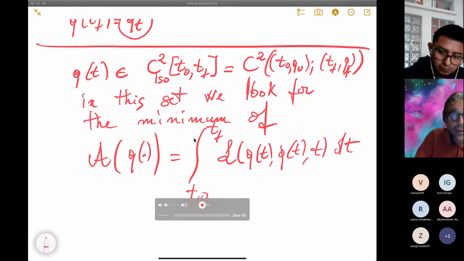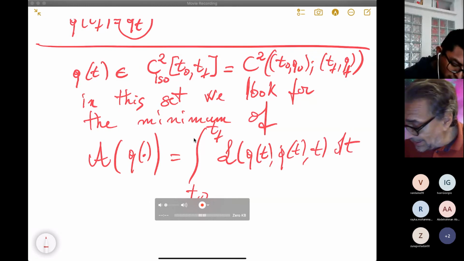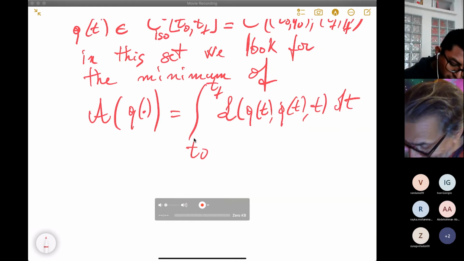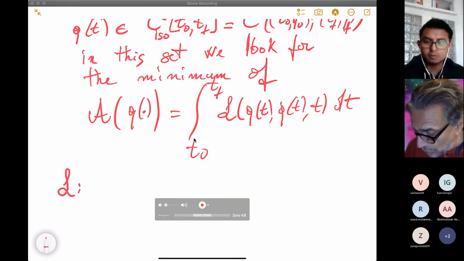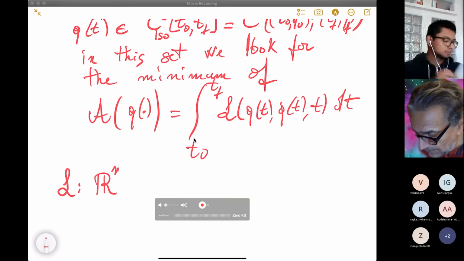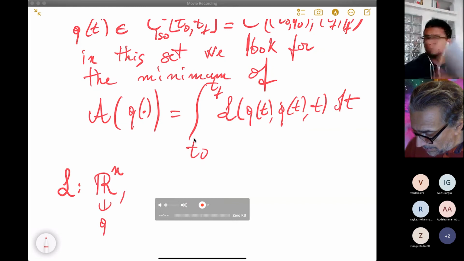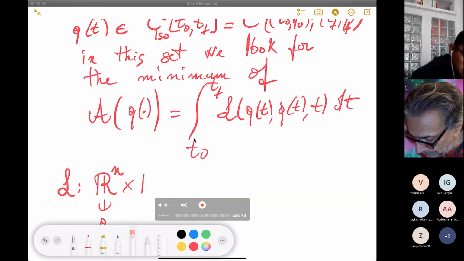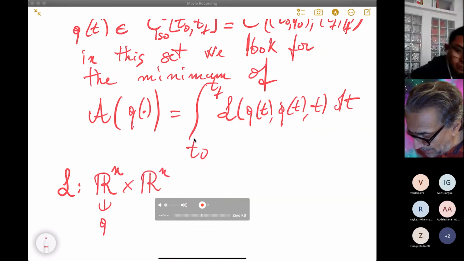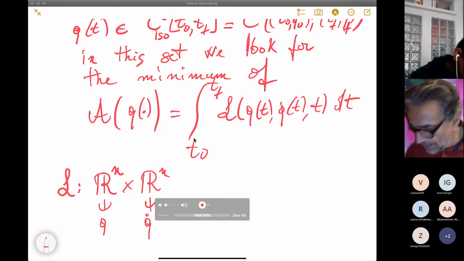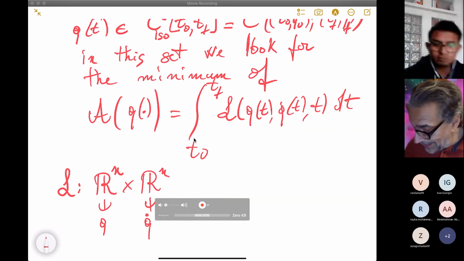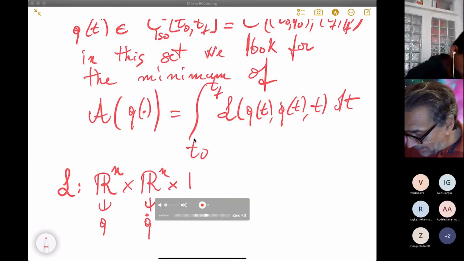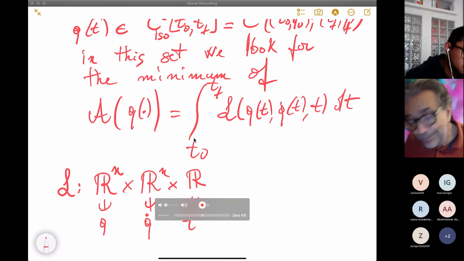Now, be careful. This is something you have to understand. The Lagrangian function is a function from Rn, because q belongs to Rn, Cartesian Rn, because Lagrangian velocities q dot belong to Rn, Cartesian R, because time is a real variable.